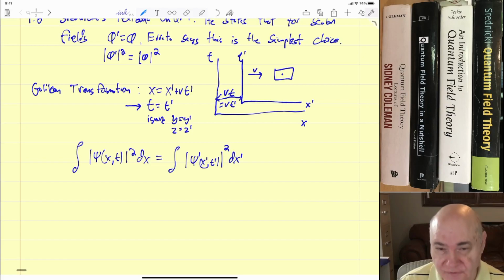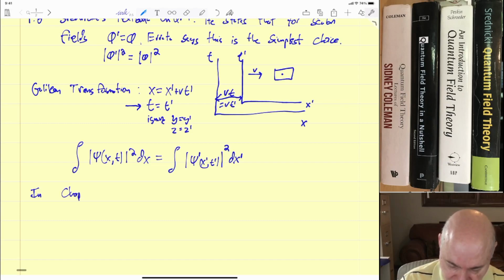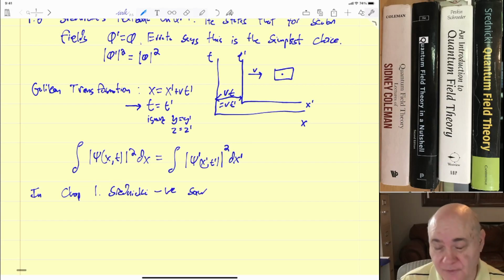Now, this is often not easy to do. We saw, for instance, in chapter 1 of Schrödinger's book, actually, I'm not sure if this was covered. I think it was covered in chapter 1 of Schrödinger's book, but it's covered in every QFT book very early on.